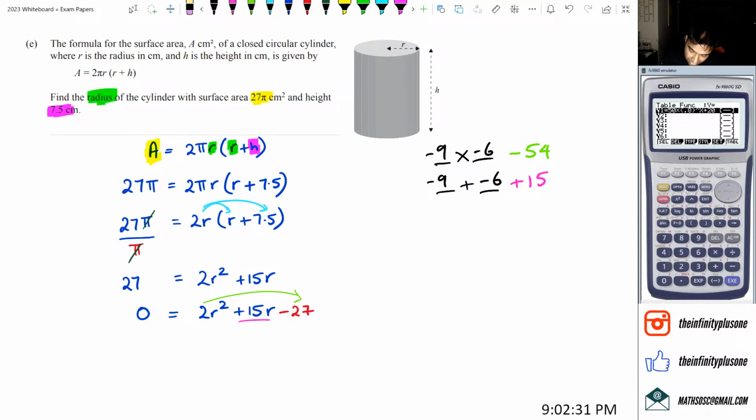27, 2 times 9, 6. Am I missing a number here? What is the combination going to be? Help me out, people. 15, 12, 3. Have I made a mistake somewhere?